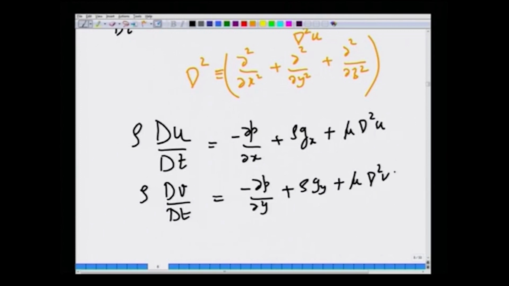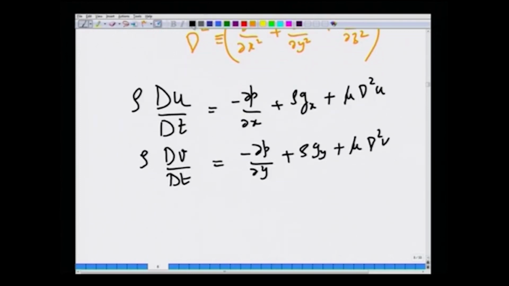One can of course go through the algebra in the same manner and you will end up with the same thing. Okay. This is the x component, this is the y component, okay.